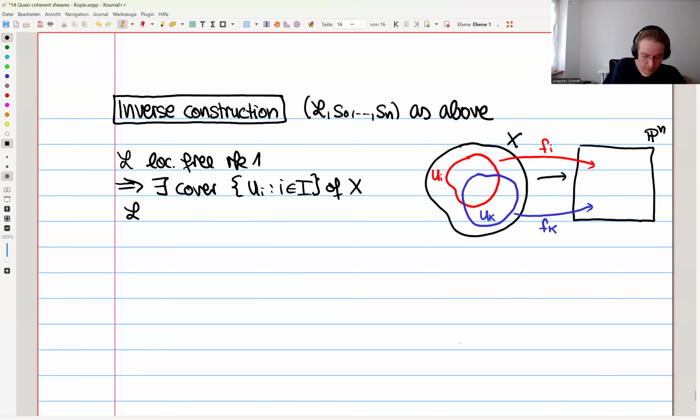So L restricted to U_i is, by some map phi_i, isomorphic to O_{U_i}. And then all these sections that we have, the s_j, by the same isomorphism phi_i, go to some functions f_j on U_i. These are just some functions now. So sections of this thing here, so we get regular functions.